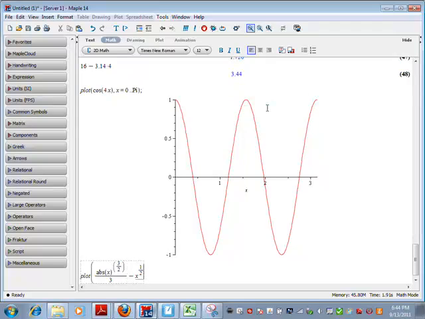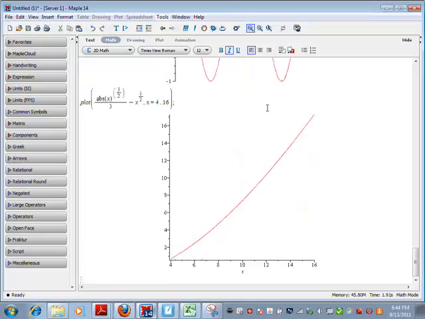And then x going from 4 to 16. All right, what's the length of that? Write an integral that measures the length of that.